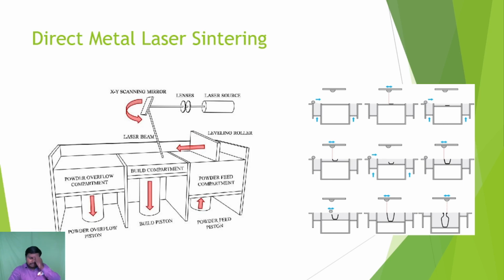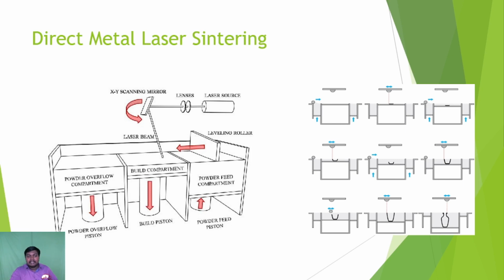After that the powder feed piston pushes the powder upward, and the leveling roller supplies the powder to the build compartment, moving from right to left. The overflow powder is collected in the powder overflow compartment, and the powder overflow piston moves downward. One layer is formed.